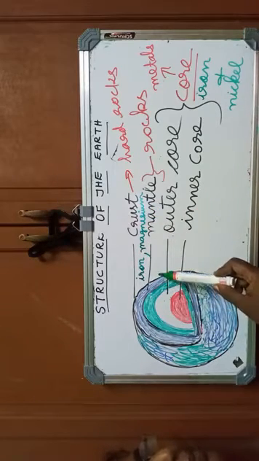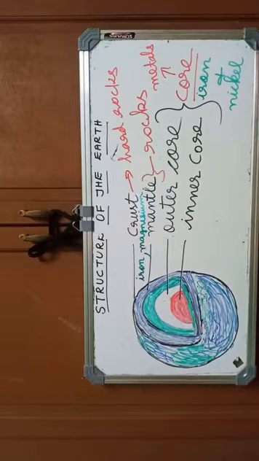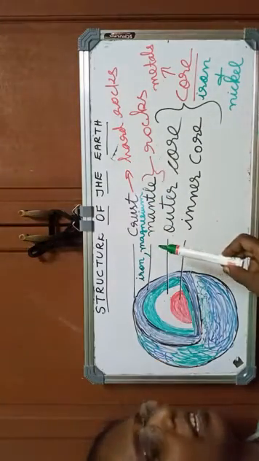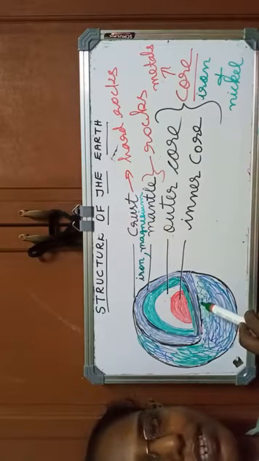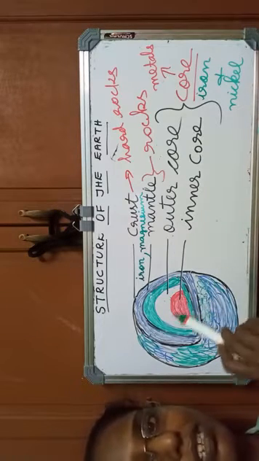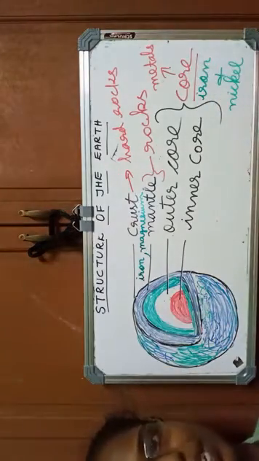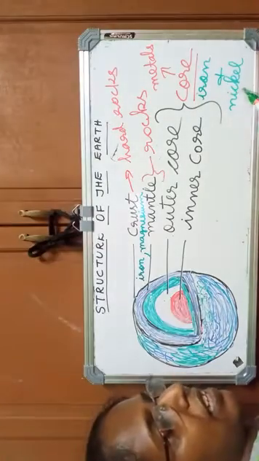And the next layer, the middle layer, the mantle, is made of soft molten rocks, and iron and magnesium are present in the mantle. And the next layer is the core, the inner part or center of the earth, made of molten metals. Which metals are present? Iron and nickel.